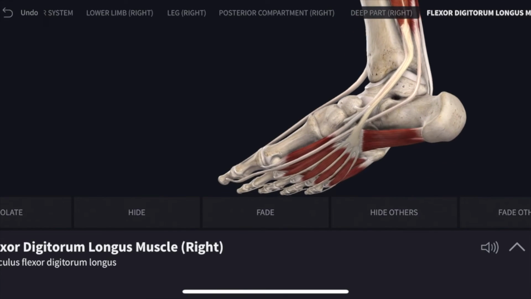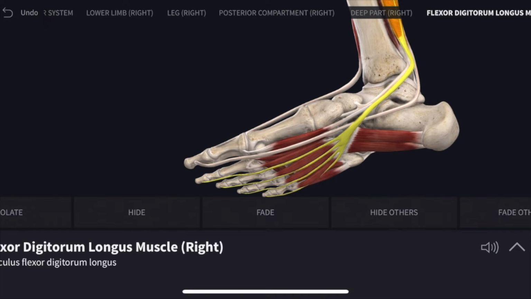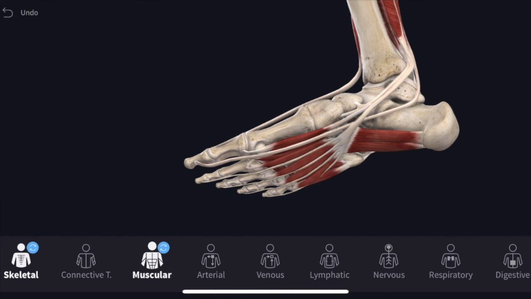It becomes superficial and inserts in the sole of the foot, then divides into the 4 tendons that are inserted into the plantar base of the distal phalanges of the lateral 4 digits.